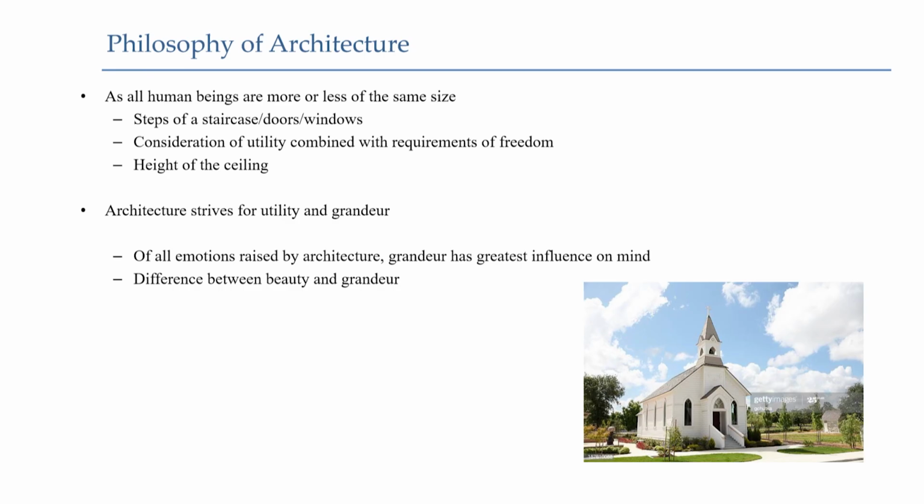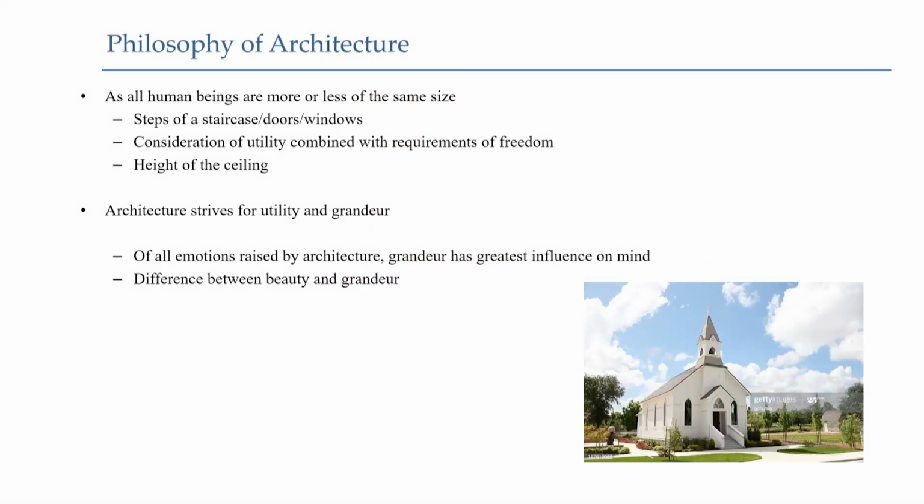He also said that consideration of utility should be combined with requirements of freedom. So, requirements of freedom means what? It means that, of course, utility, because one has to move around and it should be useful, no matter what you create in a house.